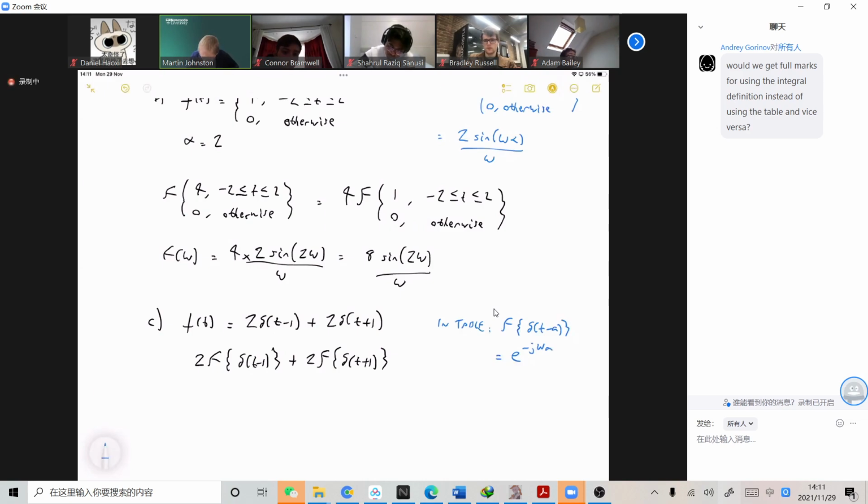Okay, so in the first one, a equals 1. So if we look at this one here, we've got a equals 1, and obviously in the other shifted function, a equals minus 1.